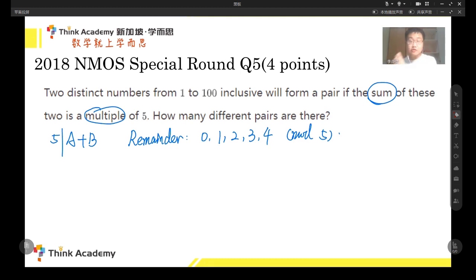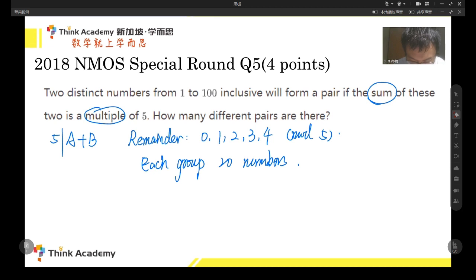For example, 1, 6, 11, they all share a remainder of 1 when divided by 5. So this is remainder 1 group. Then the remainder 2 group is 2, 7, 12, and the remainder 0 group is 5, 10, 15, right? So now we classify all the numbers into 5 groups. Each group, we have 20 numbers.